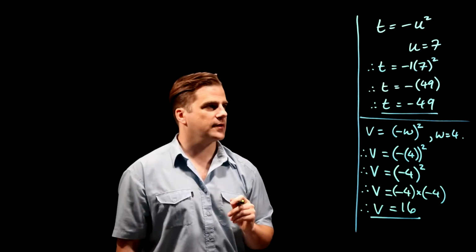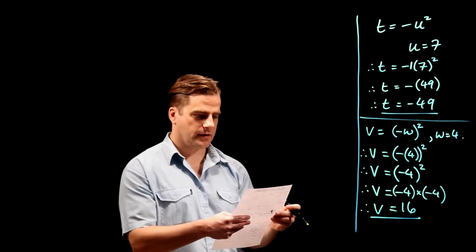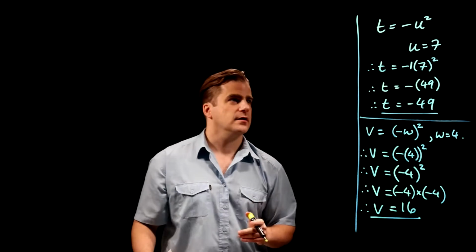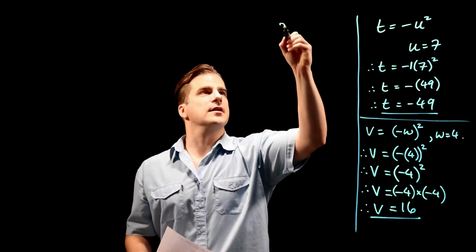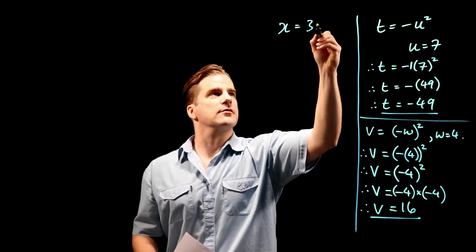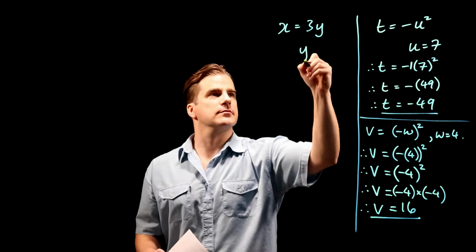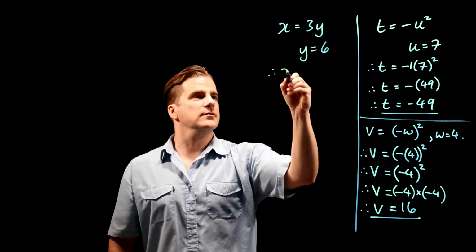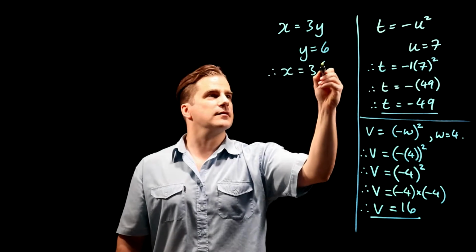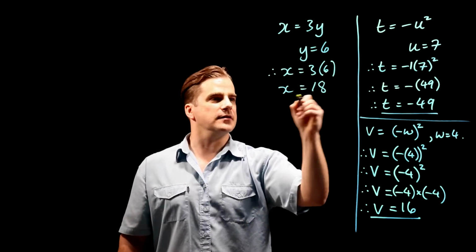Okay, good. Let's do another. Right. So, what if you have something simple like x equals 3y, when y is 6? Okay, well, you just sub in the value, x equals 3 times 6, so x equals 18.